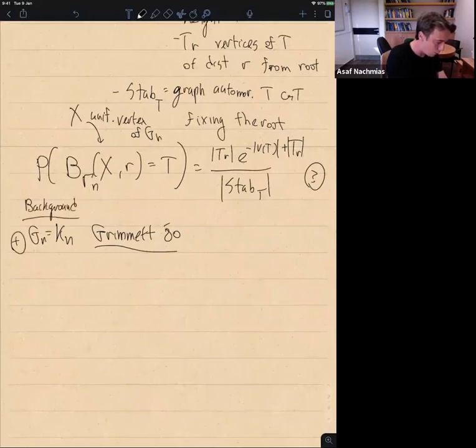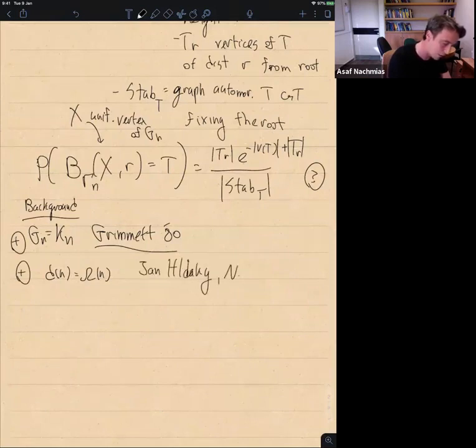Another thing I should mention is that if d_n is linear in n, then actually this is known. This is a corollary of a theorem that I proved together with Jan Hladký, myself, and Tuan Tran from 2018, or perhaps it was 17.